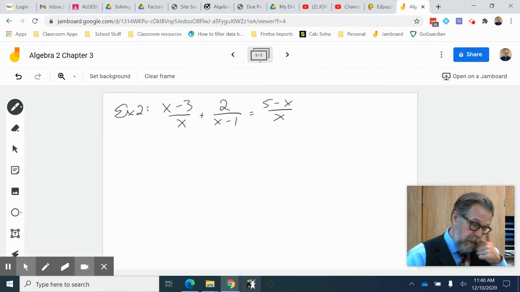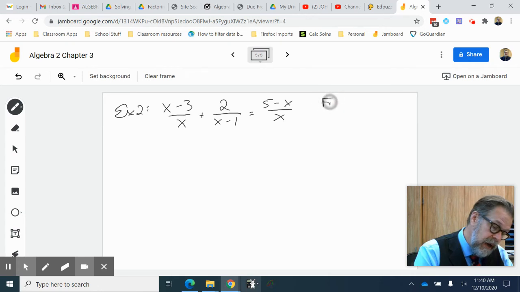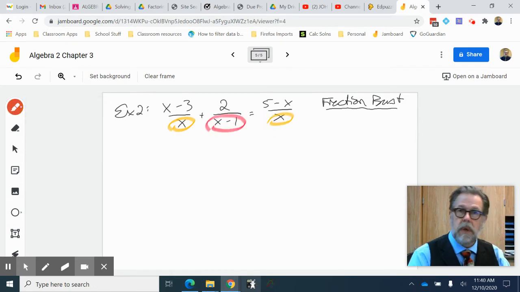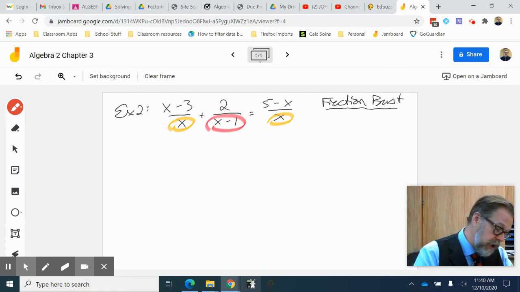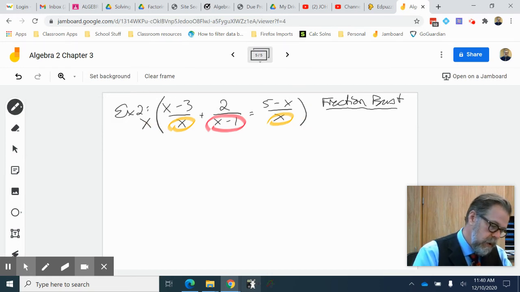All right, moving on to the next example. Again, I've got fractions. I'm going to fraction bust this again, but my denominators are just a little more complicated. My denominators are x and x minus 1. So I'm just going to choose one to start. Doesn't really matter. I will start with multiply the whole thing by x.